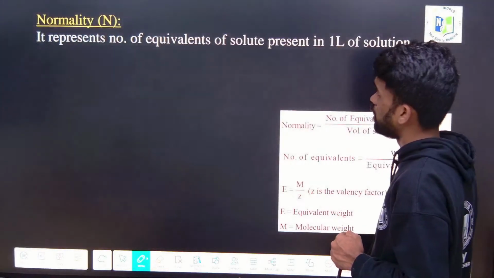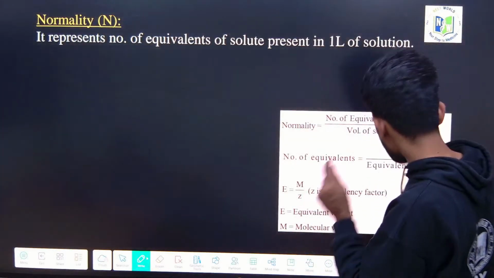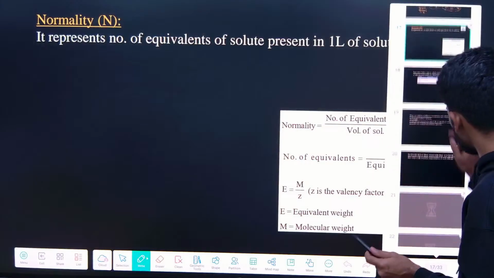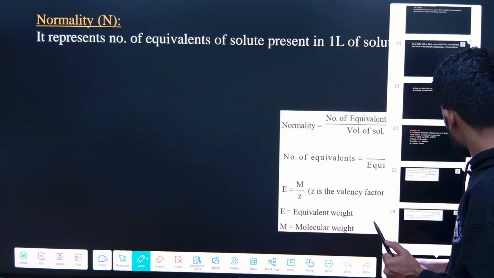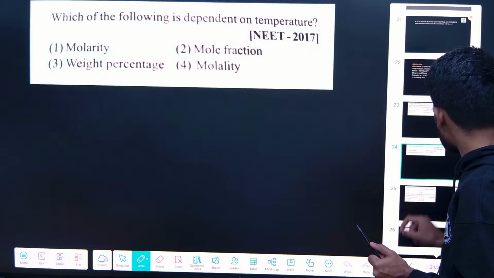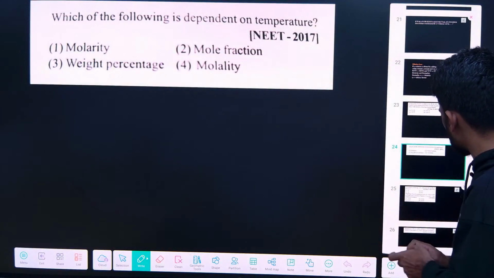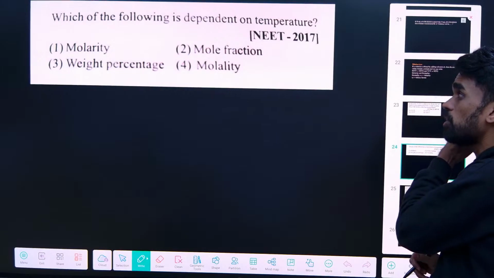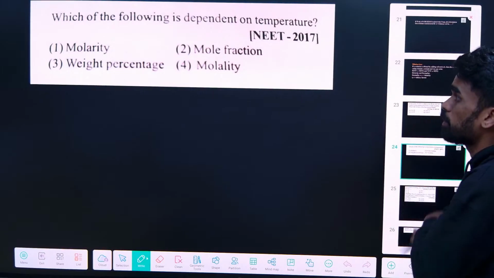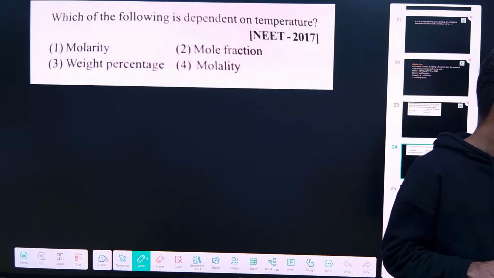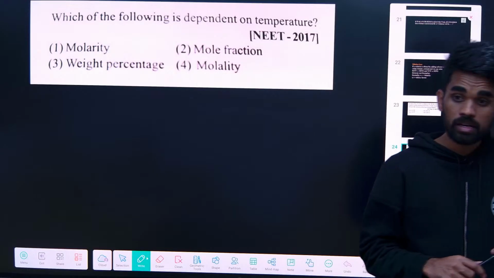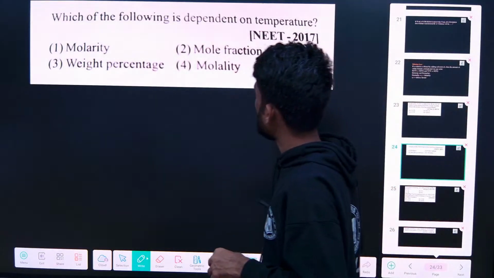Next, we'll study normality here. Just hold on, let me check if any other questions are related to this. Just tell me the answer for this simple question. Which of the following is dependent on temperature? Very easy.